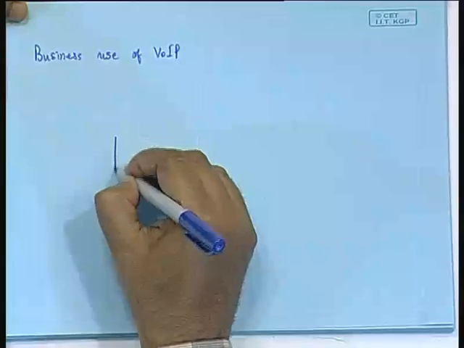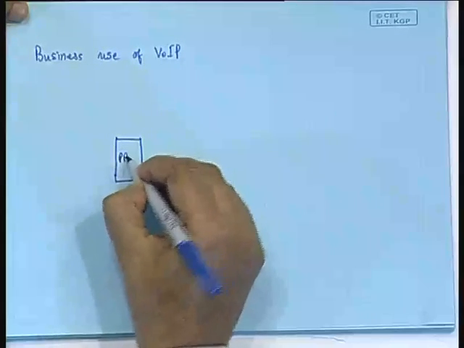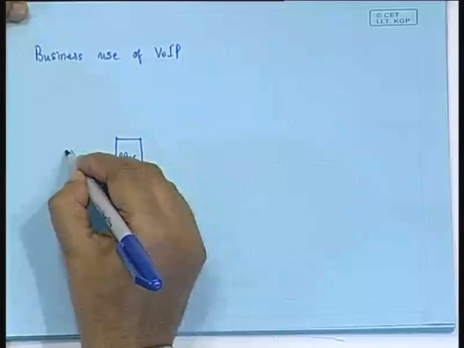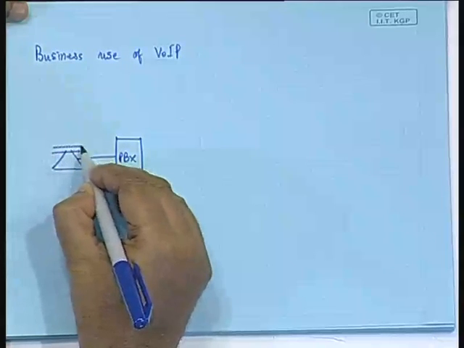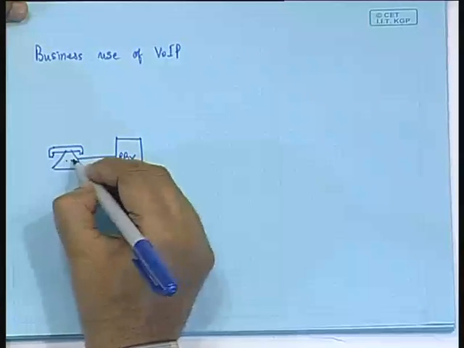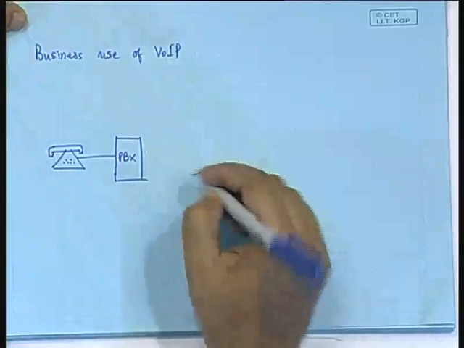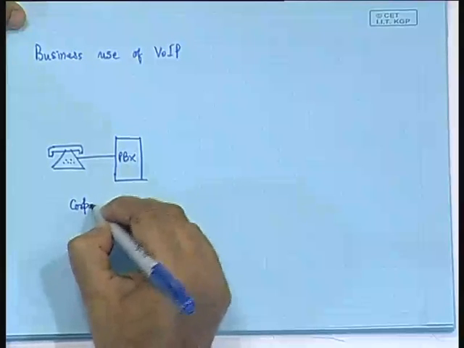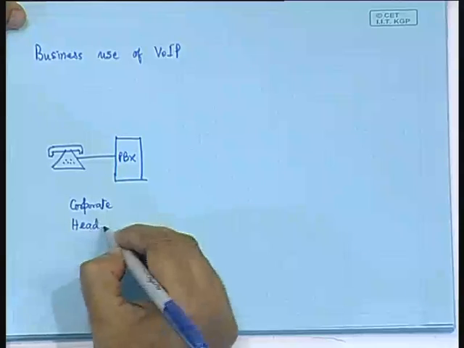Say we have here a PBX, and here we have a telephone set. This telephone set is connected to the PBX, and supposing this is the corporate headquarters in a business.